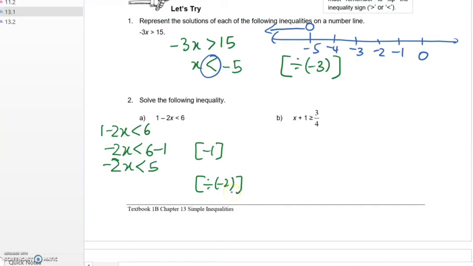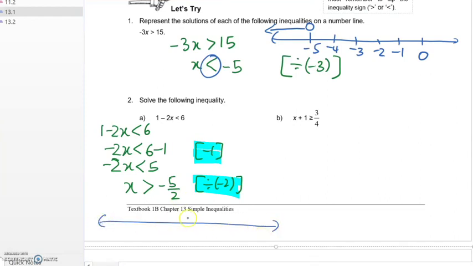It's a good habit at the start to write down all these workings to remind yourself whether you need to change the sign or not. Okay, and then here you have x is less than, well, it's no longer less than because you need to change the sign. So x is now more than -5/2. Alright, and then draw the number line.